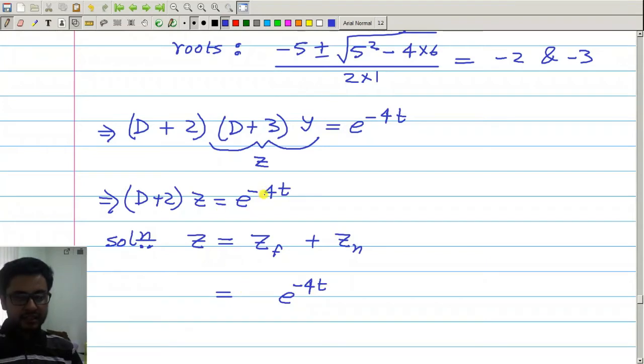And since here minus 4 and this 2 or minus 2, they are not equal, then the polynomial that we will get here will be of same degree as the polynomial in the input. Now the input polynomial is of degree 0, constant, so here also we will get some constant, call it A.